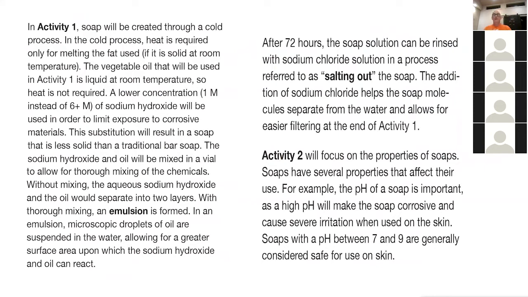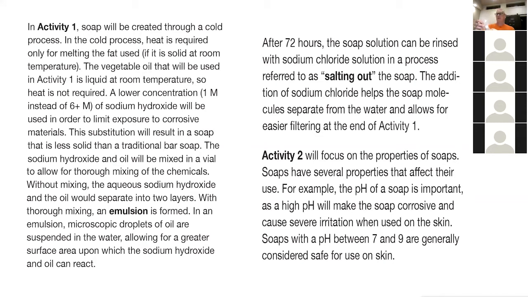So what we're going to do tonight is just start the process. That's the so-called cold process with more dilute sodium hydroxide. We're going to use vegetable oil. We've been provided with vegetable oil, although you can use whatever. If you have something else, you can use something else. I'm assuming it's just plain vegetable oil.